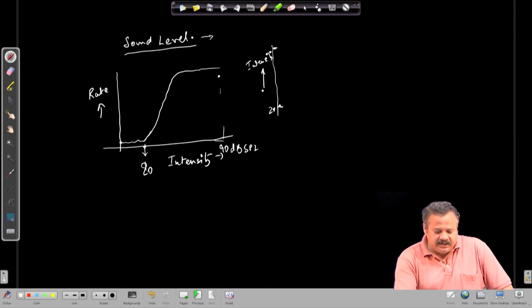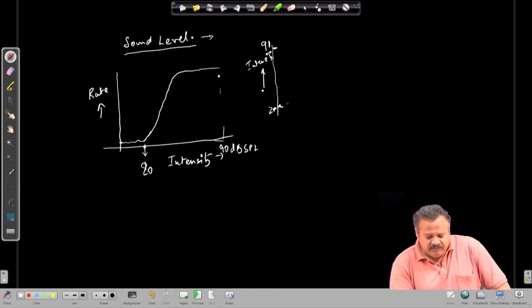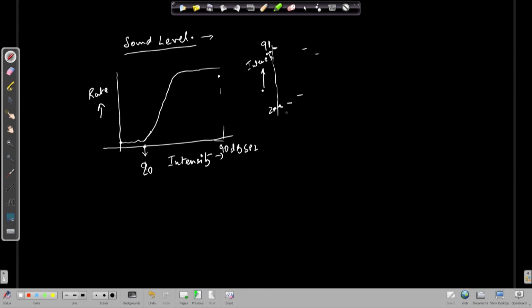So, we are varying the intensity from 20 to 90 here, and now we are playing stimuli from each of these intensities randomly over time, the same way we were doing with F1 and F2.